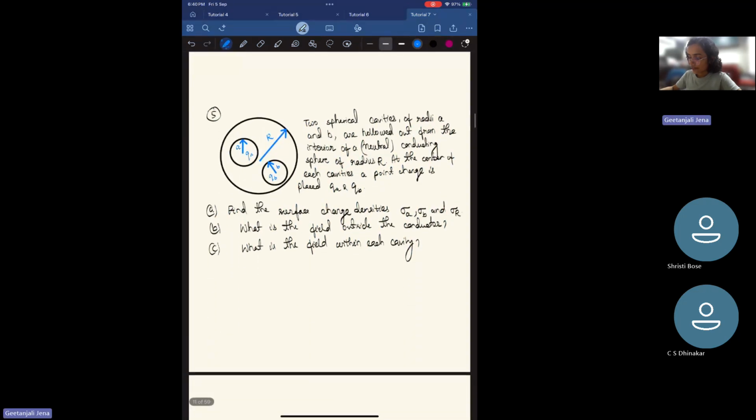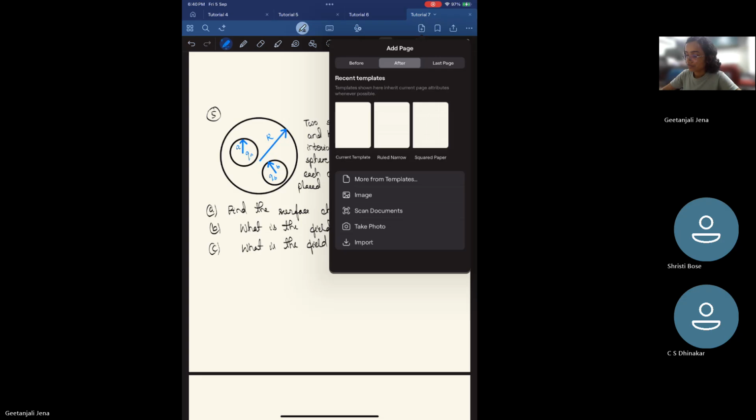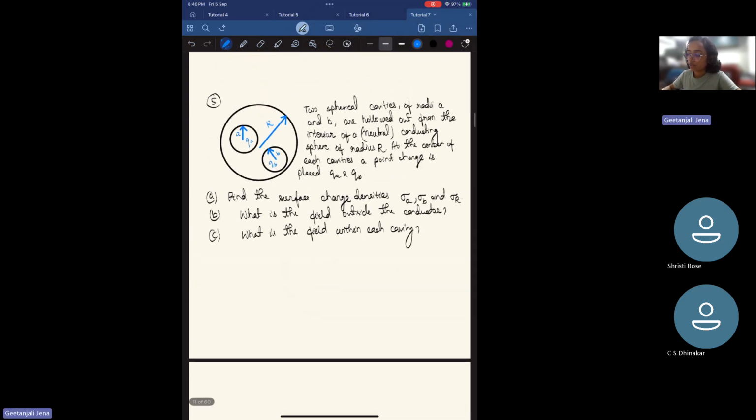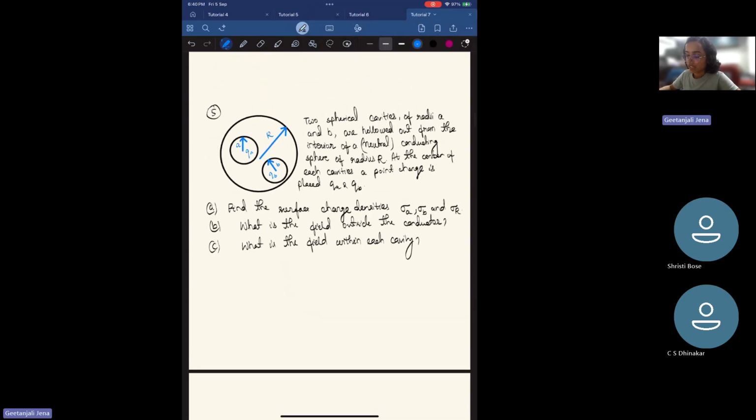Okay, so question number 5 is similar to what we have seen in question number 4. Instead of a concentric metal sphere, now we have cavities.